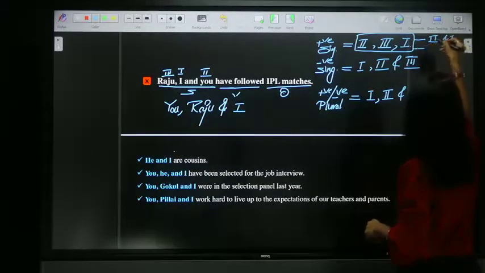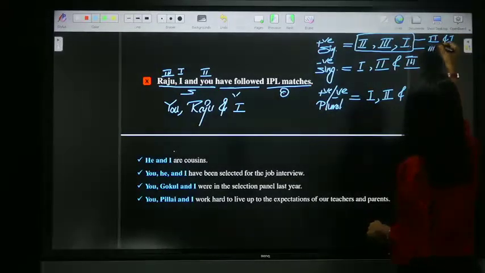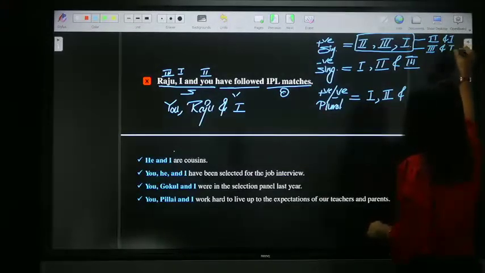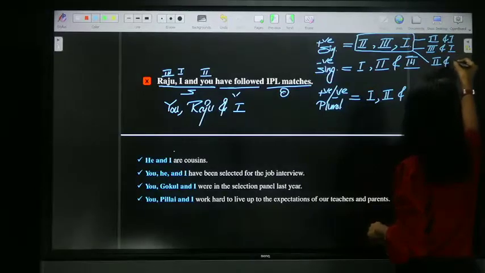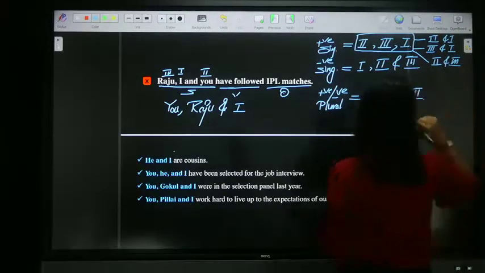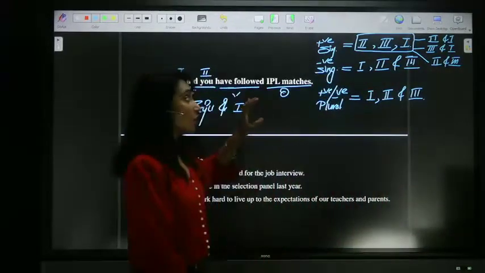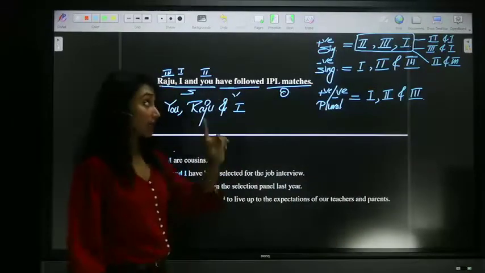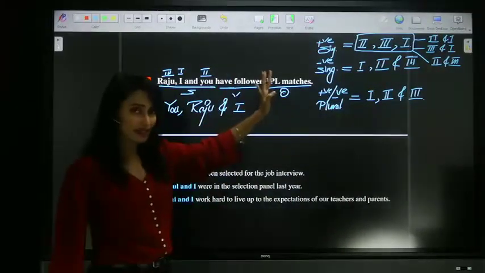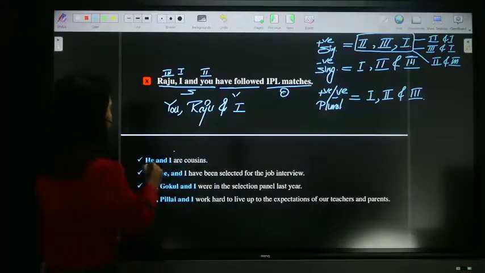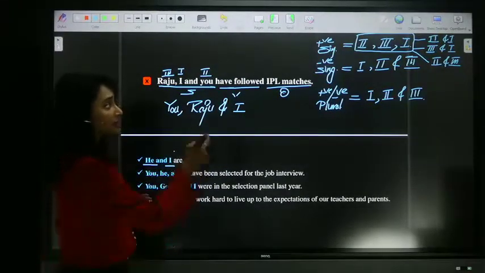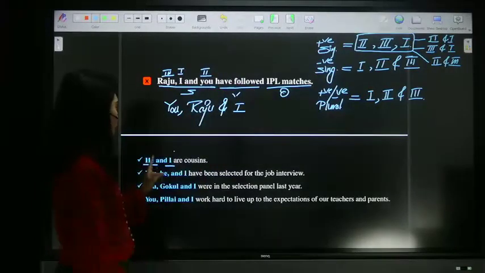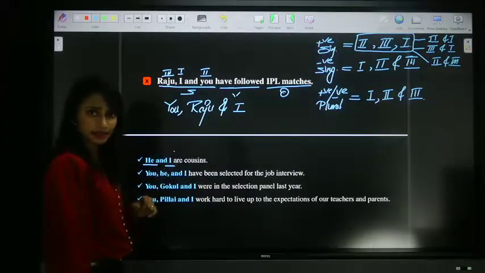If there are only third and first person, this is the order. If there are only second and third persons, this is the order. Even though one person is absent, the order doesn't change. The order is the same. So here we have only third person and first person. There is no second person. That means third and first. So he and I are cousins.